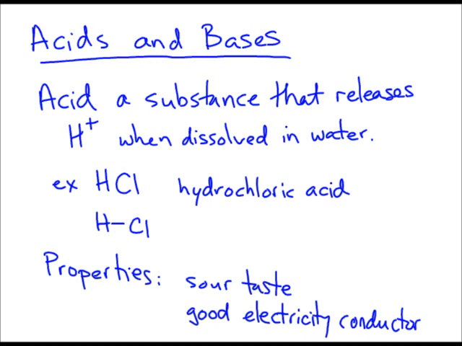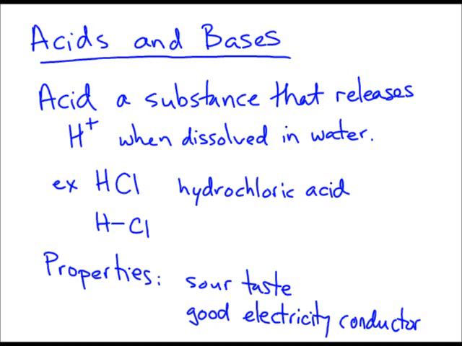So because this will dissociate or break into H+ and Cl-, those are charged particles. And when the charged particles are in water, they can move around. And that allows a transfer of electrons to take place. Very important piece for acids.